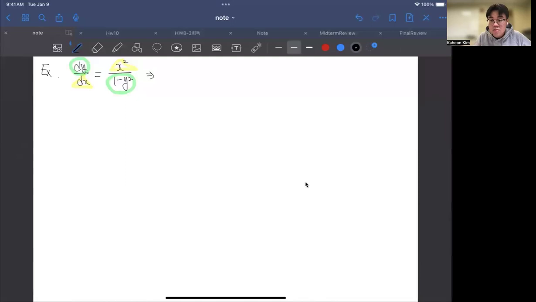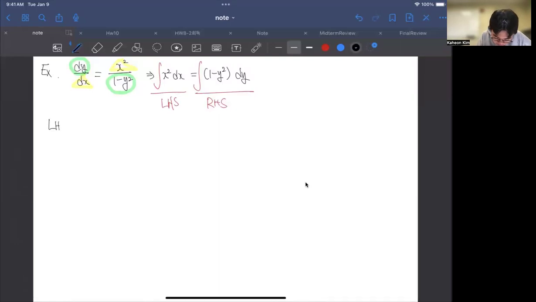And this principle holds also in differential equations, which is very good news. This implies that x squared dx = (1 - y squared)dy. Then you can put the integrals on both hand sides, and let's call them the left hand side and the right hand side.